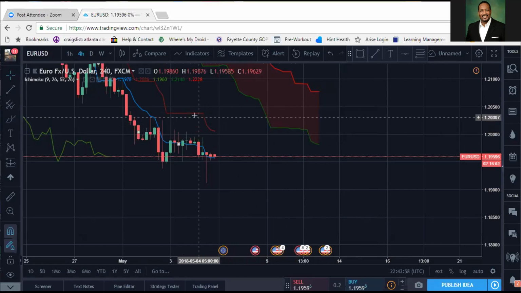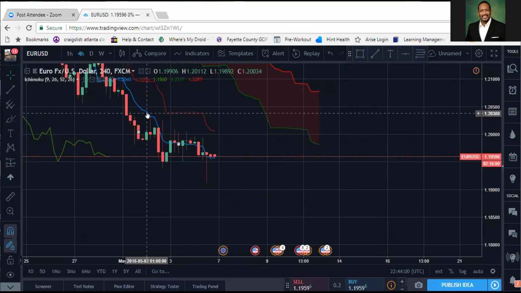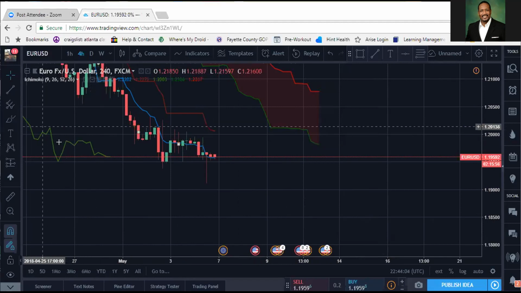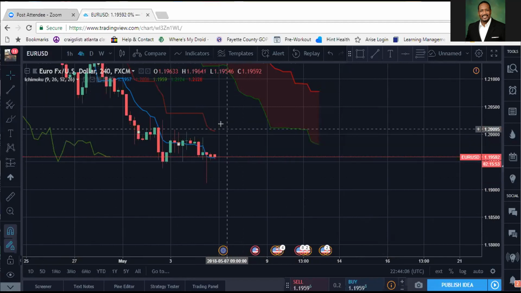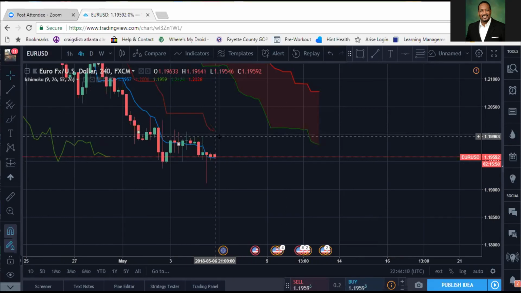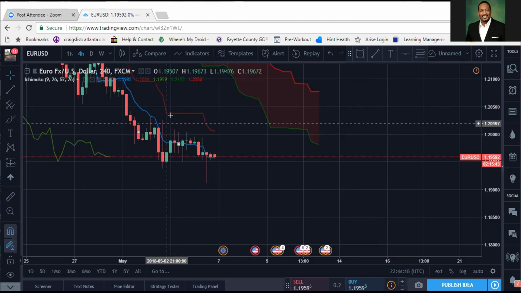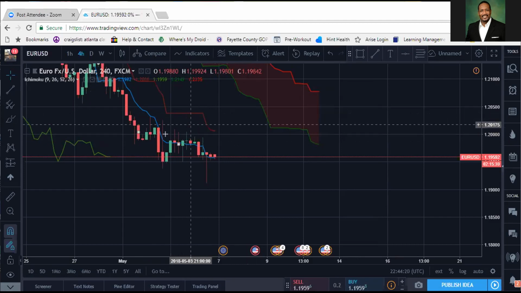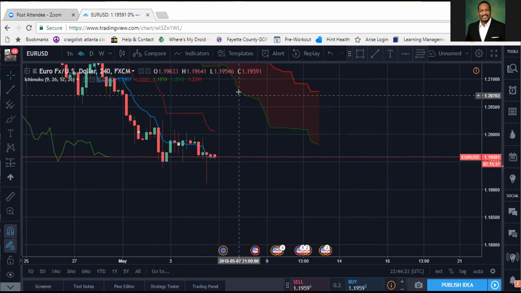My Tenkan Sen is red, my Kijun Sen is blue, and then of course my Chikou Span is green. I colored it that way because it helps me identify the down EMA, and then the blue, of course, if it crosses over doing a TK twist as I described earlier, then when it goes up I can associate my blue to know that it's going up.